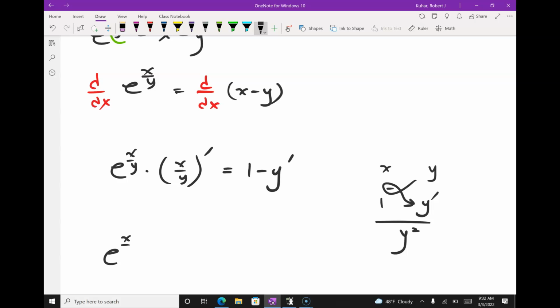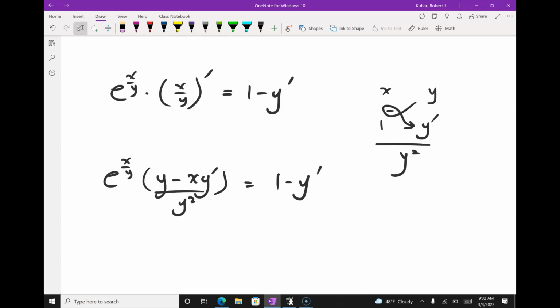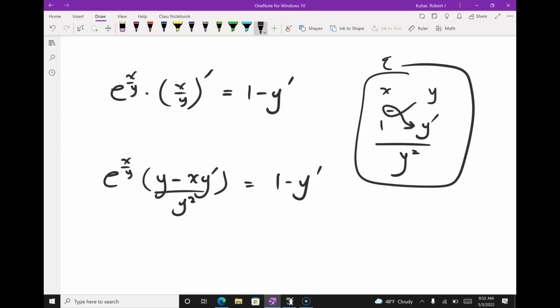E to the x over y times y minus xy prime, right? Double check me there. Y minus xy prime divided by y squared equals 1 minus y prime. Everybody agreeing? Everybody with me?